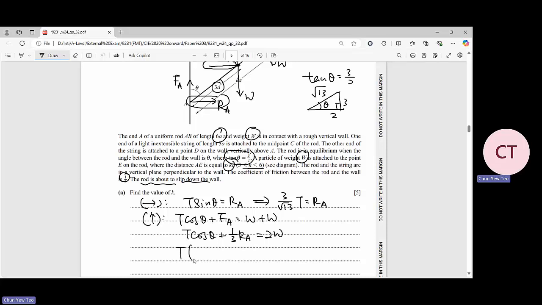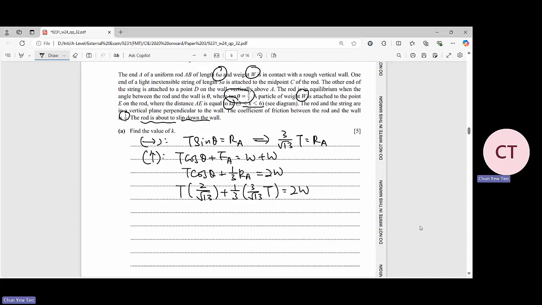My cos theta over here is 2/root 13, and my RA over here is 3/root 13 T. So from here, I can simplify this to become 2/root 13 T plus 1/3 of 3/root 13 T equals 2W. We're looking for the value k. I have equation number 1 here.